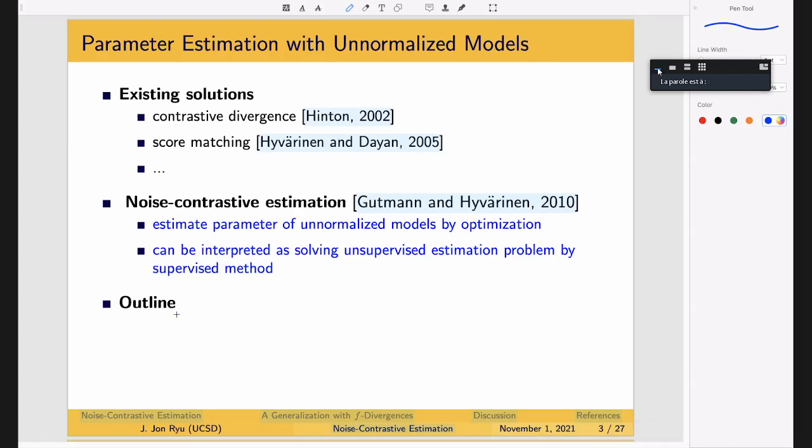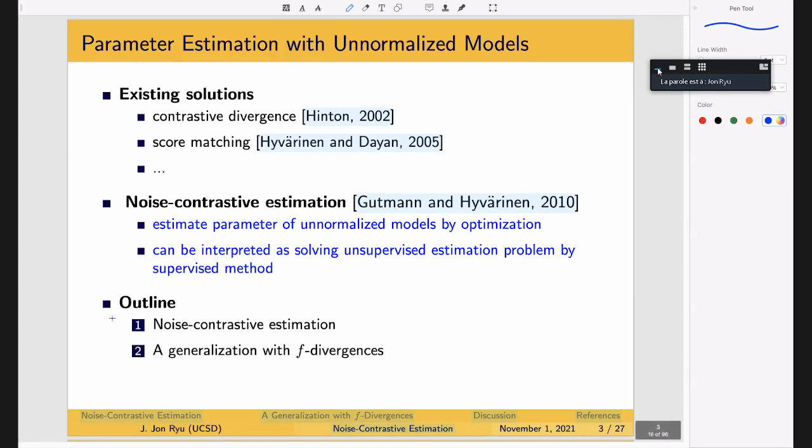The rest of the talk is going to be in three parts. In the first part, I'm going to introduce noise contrastive estimation, give you the supervised learning interpretation, and sketch why it makes sense. In the second part, I'm going to give you another layer of perspective with F divergences.